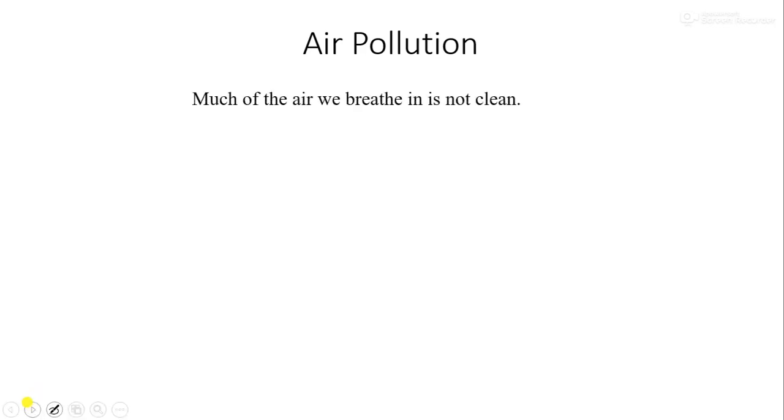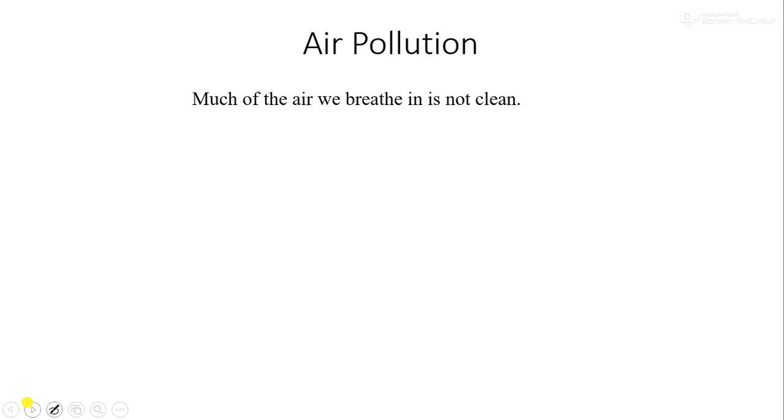Now, air pollution. We are breathing in air which contains almost 79% nitrogen and 21% oxygen. We are breathing in air in which a lot of chemicals are present, which is termed as air pollution.